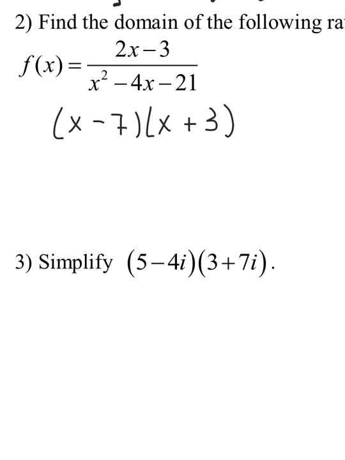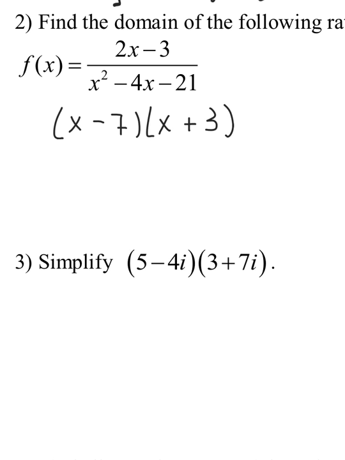These are the factors that are going to determine my domain. Now there are some values that x cannot be, because if x is 7, for example, 7 minus 7 is 0. That gives me a 0 in my denominator, and I cannot divide by 0.